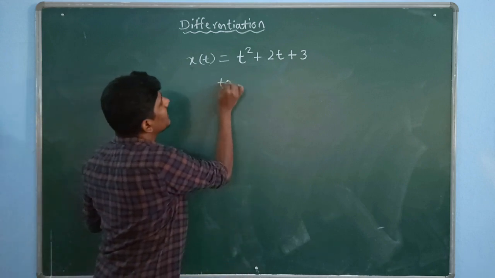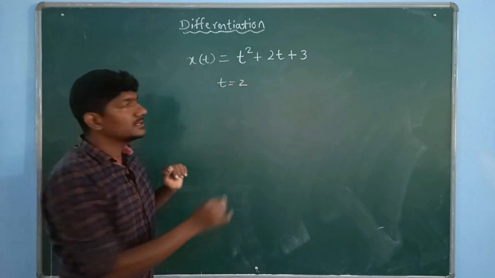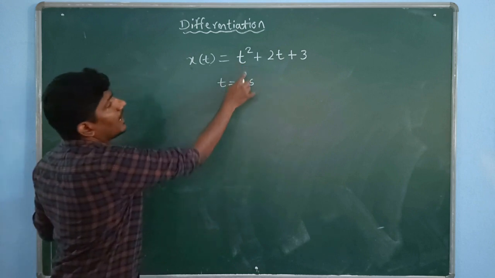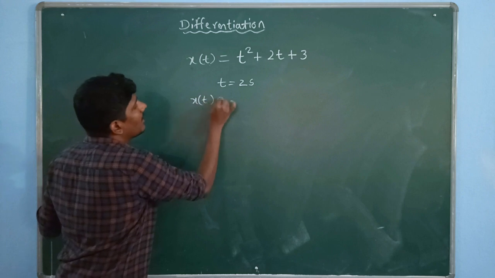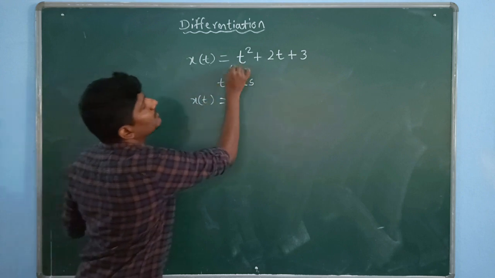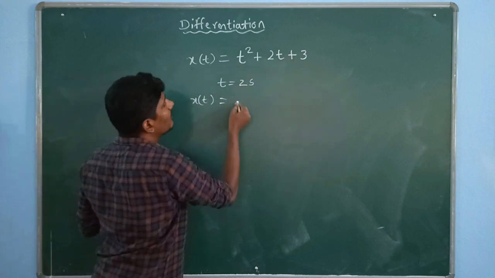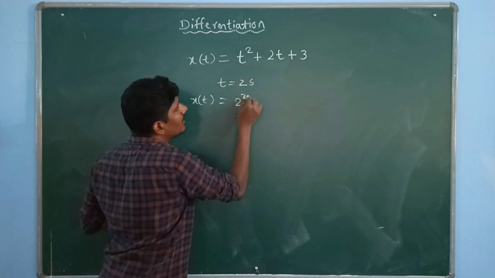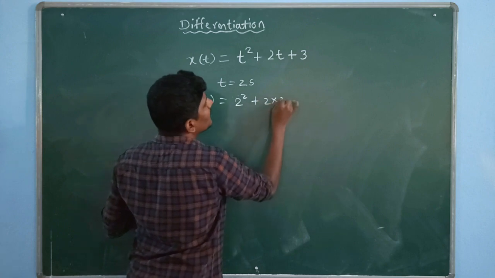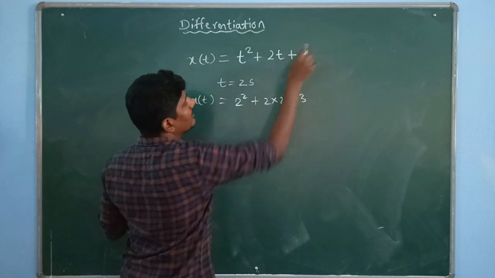Now, for example, t equals 2 seconds. Then what is the position? Easily you can find that. In place of t, in the right hand side, put the value of t, that is 2. 2 square is 4, plus 2 into 2, plus 3. Here we don't have a t term, right?